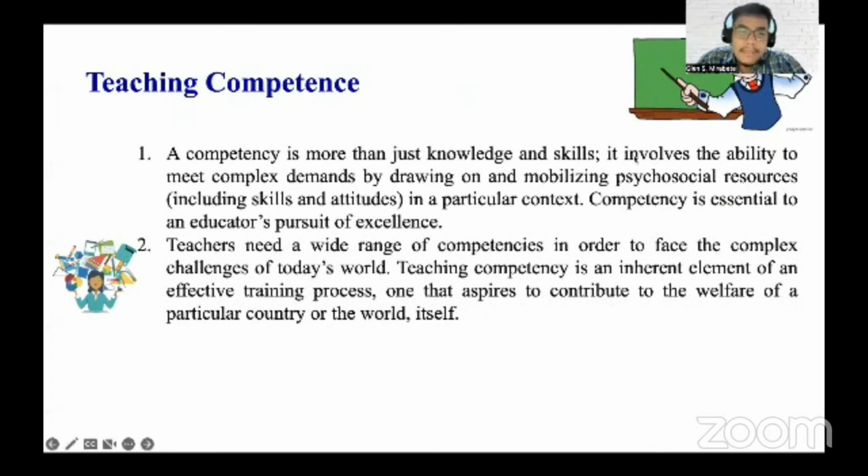Teachers need a wide range of competence in order to face the complex challenges of today's world. There are many challenges, like inflation, science, the ongoing pandemic, and the possible biological warfare and other things that need attention.